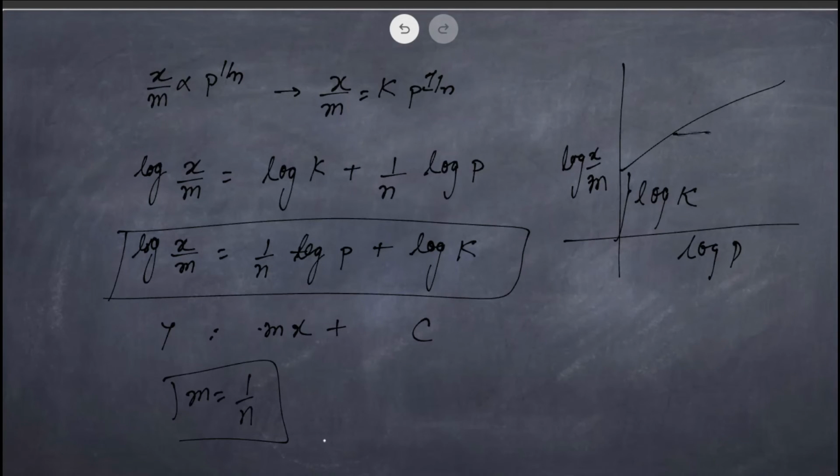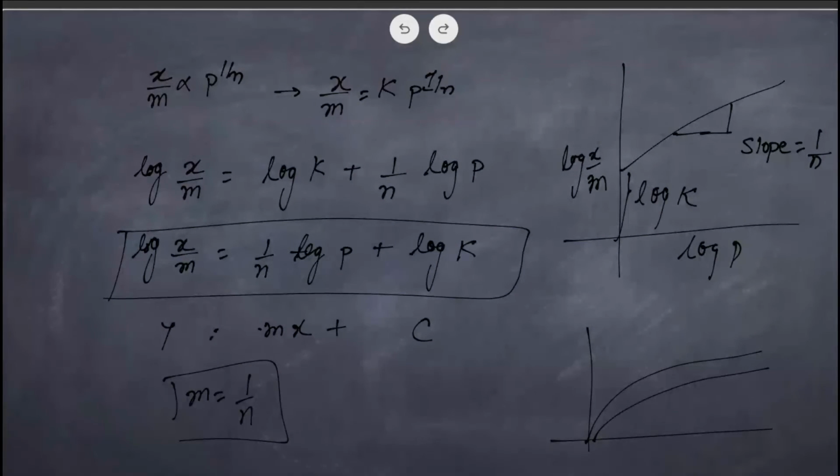The slope of the graph is equal to 1 by n. And one more thing, as the temperature rises, the extent of adsorption decreases, like T1, T2, and T3.